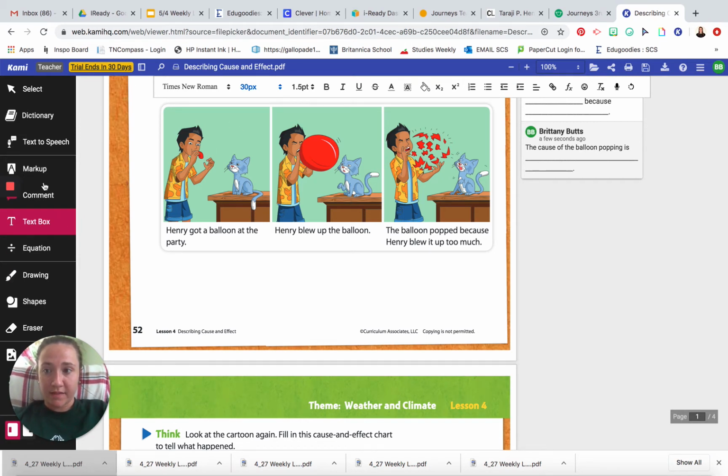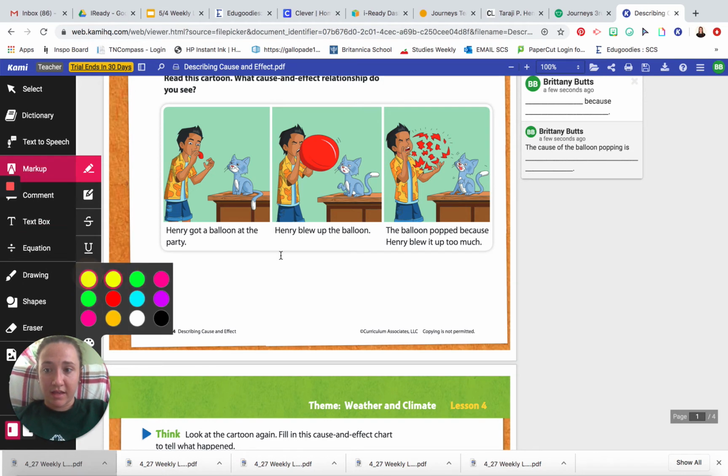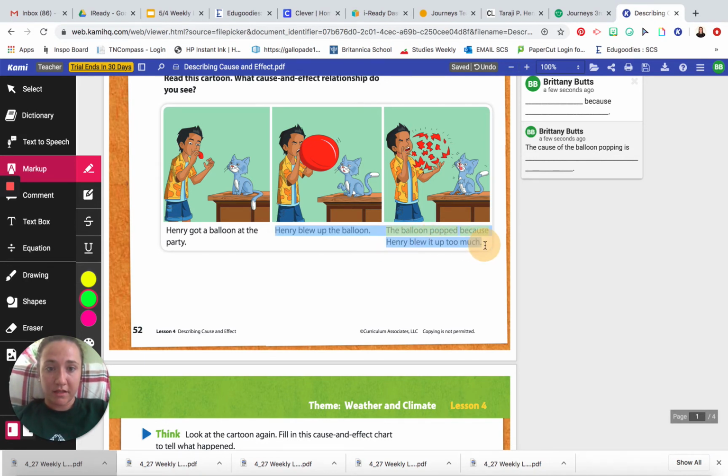Good, you might have seen the key word that writers use to describe cause and effect relationships, because. The balloon popped is our effect, because Henry blew it up too much. Oops. Did not mean to highlight all of that.